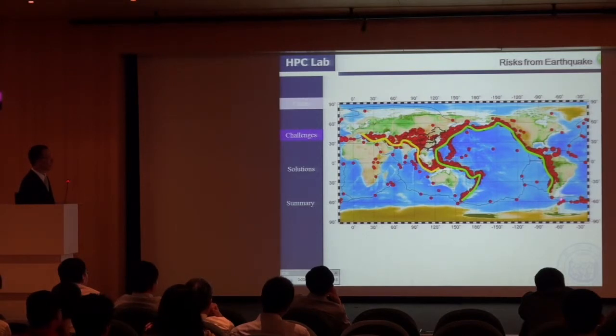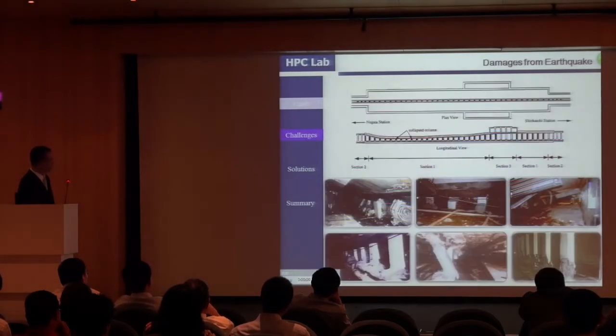This slide shows there are two regions of earthquakes. One is around the Pacific Ocean, and another is between the European continent and the Asian continent. We have also had some cases of damage induced by strong earthquakes.